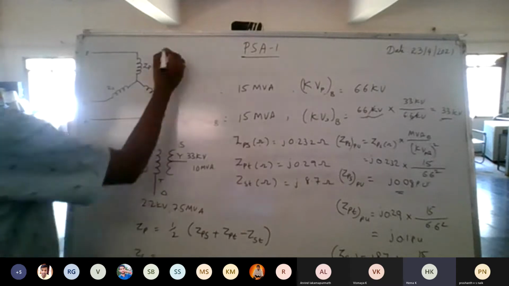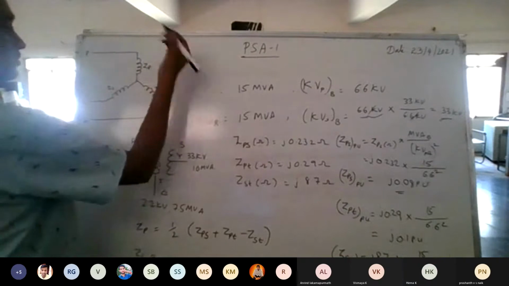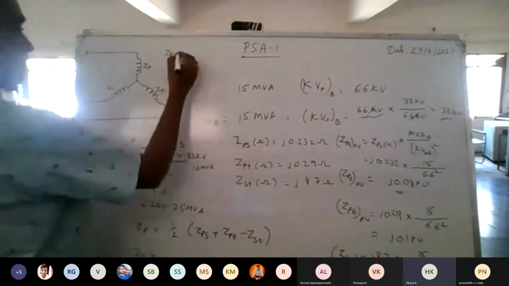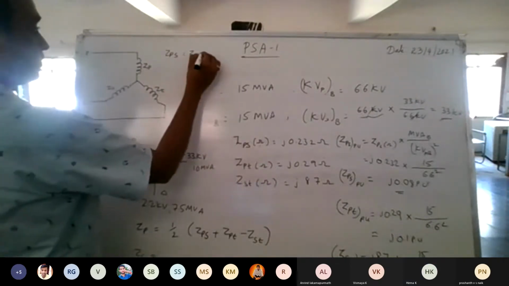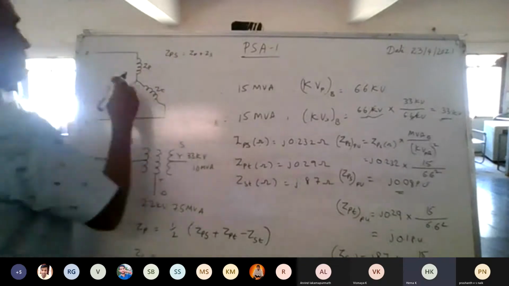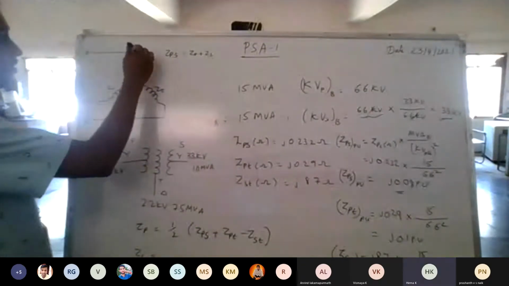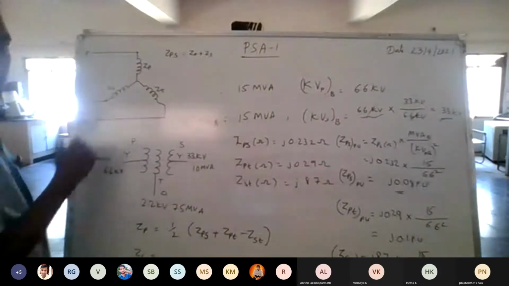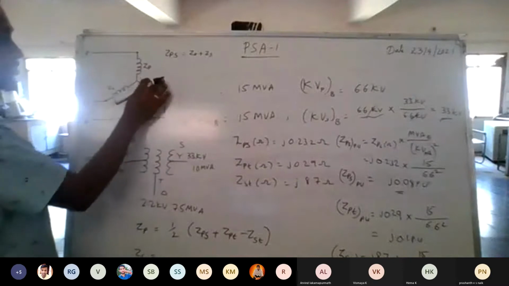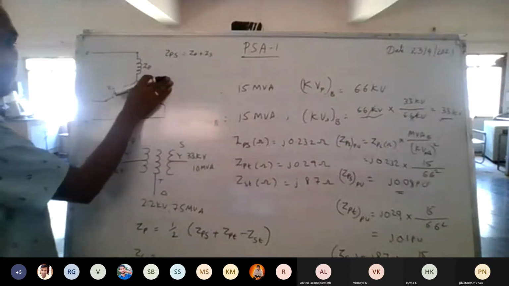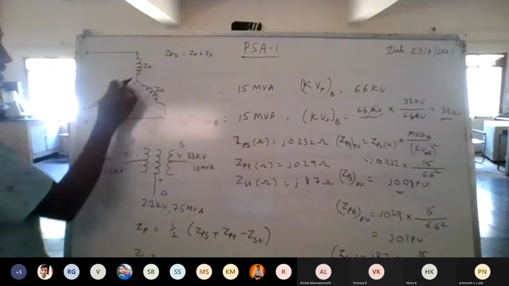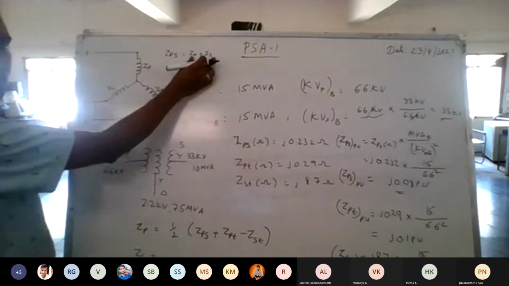So ZPS is given by ZT plus ZS, the impedance between primary and secondary. So you calculate by removing the tertiary, which is open circuited. Remaining is ZP plus ZS.